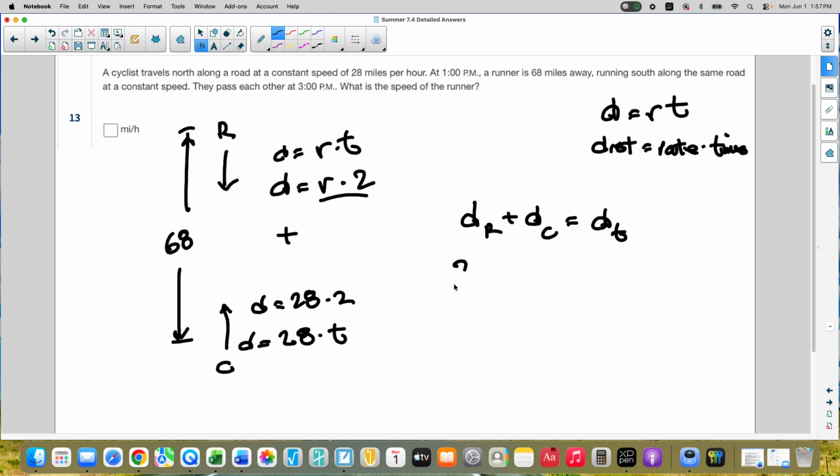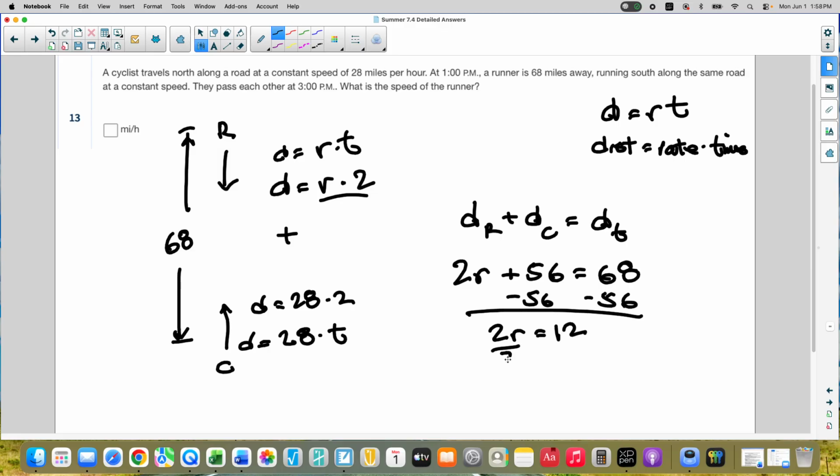The cyclist's distance is 28 times 2, which is 56. It should equal 68, the total distance. So now let's solve it. Minus 56. 2R equals 12. Divide by 2. R equals 6. So the rate of speed for the runner should be 6 miles per hour.